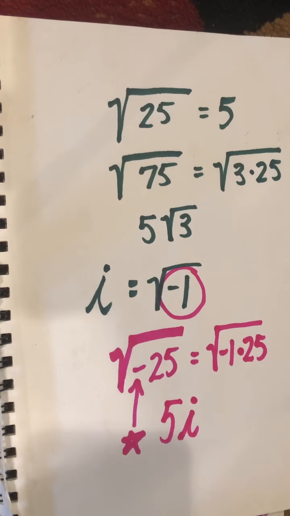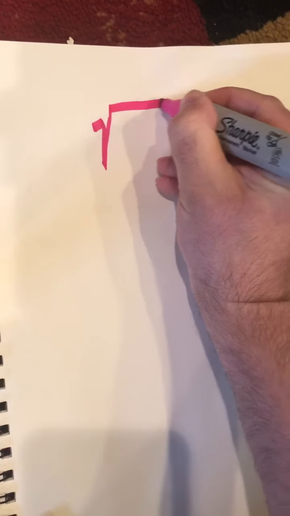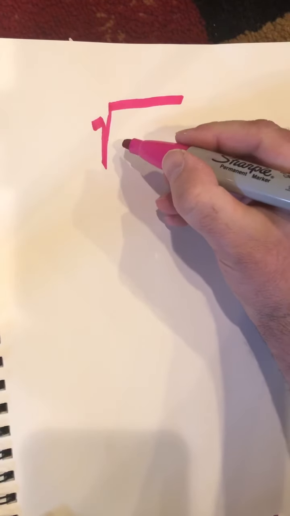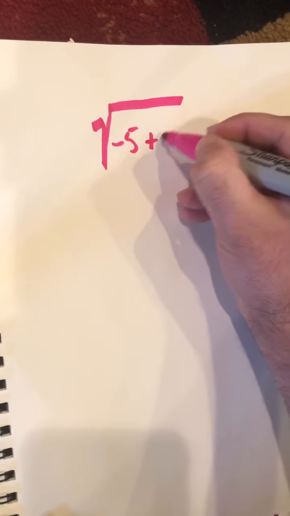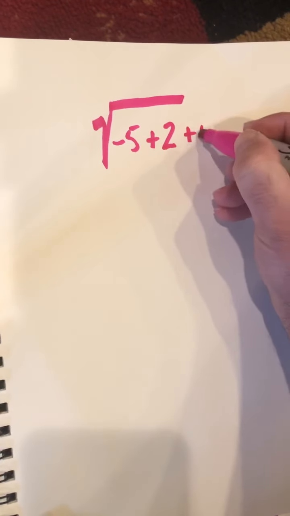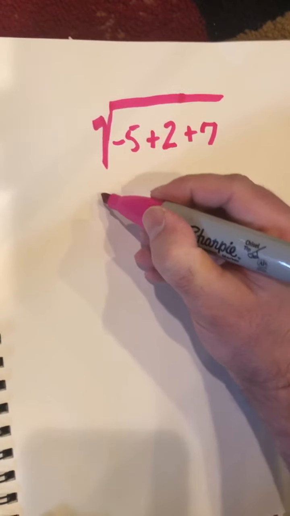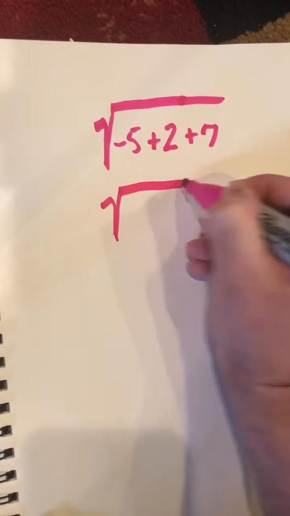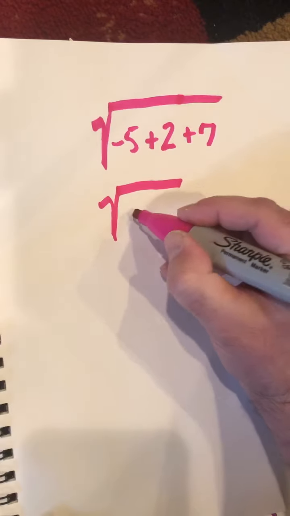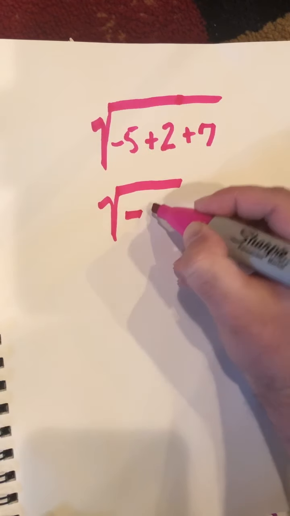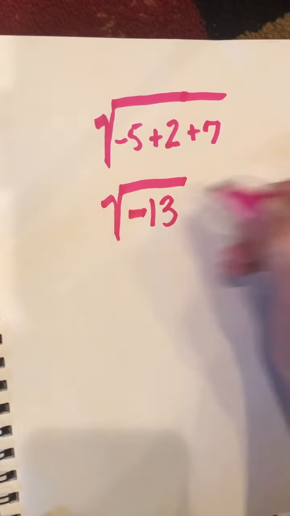Now, let me teach you a little bit more of a simplistic method of doing this. If you ever see a negative under a square root, and you've got your numbers combined, by that I mean you don't have something like -5 plus 2 plus 7 where the numbers are not combined, but instead you have the square root of everything combined, and let's say you have -13 under here like this.